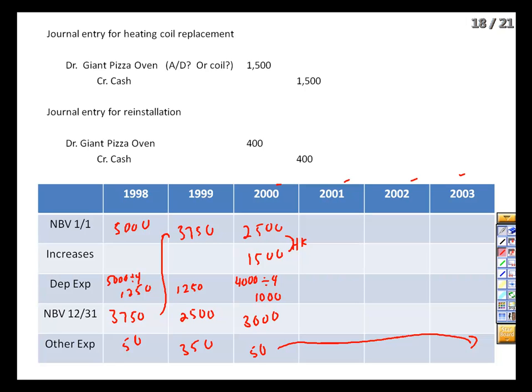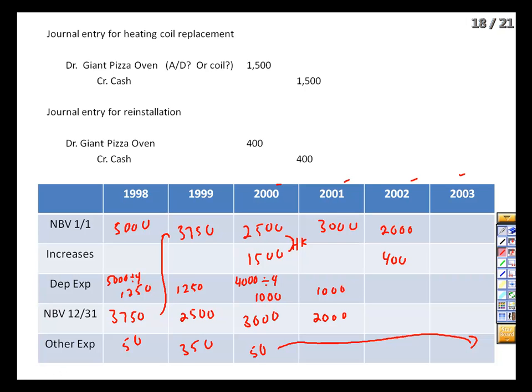In 2001, year 4, we start the year with $3,000 of net book value. We depreciate it for $1,000, leaving us with $2,000. And then we spend some money on the reinstall in 2002. We spent $400 on the reinstallation. We're going to treat this the same way as we treated the coil.